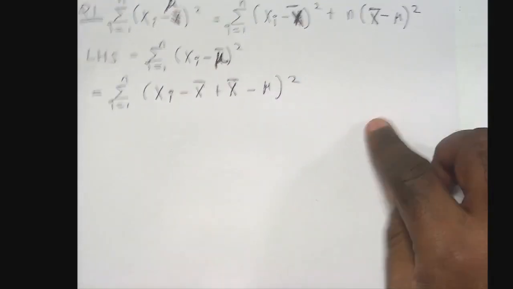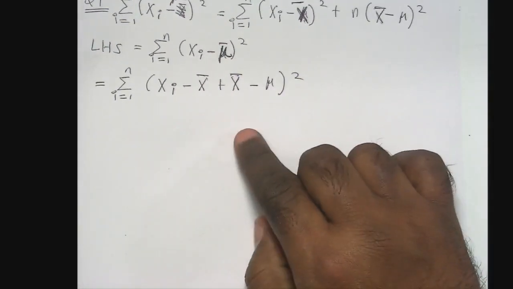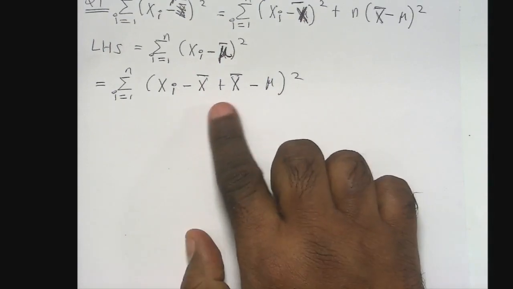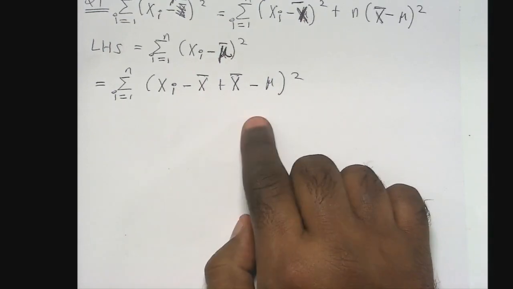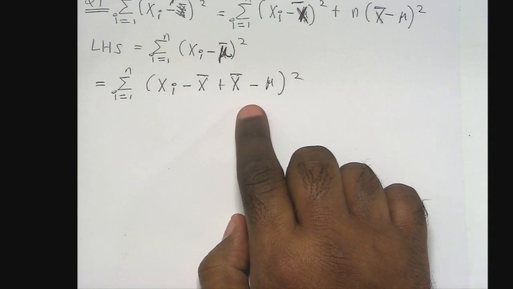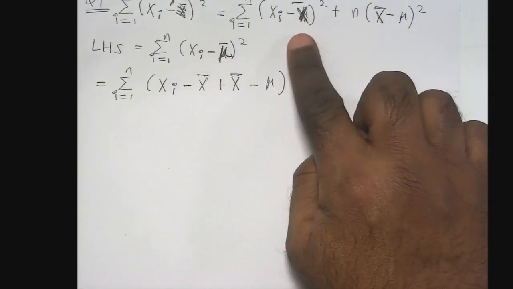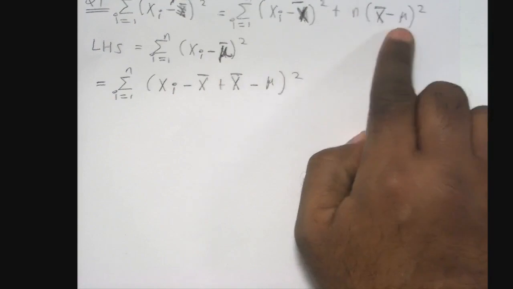All right. You see what I've done, guys. I have subtracted x bar and added x bar, so I haven't changed anything. The reason I'm doing this is because if you look at the right hand side, both terms, this term and this term, have x bar in it.